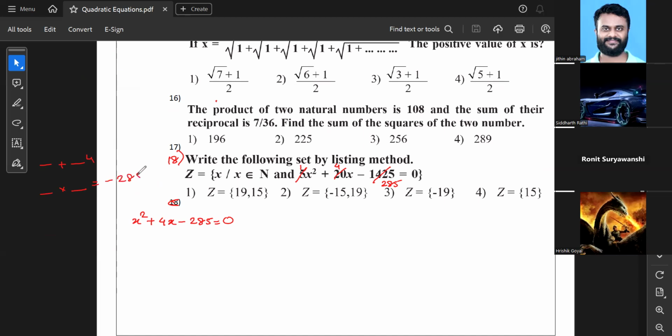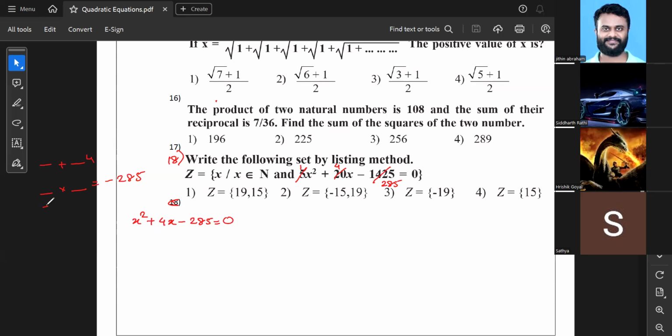Now this negative sign clearly shows that one number should be positive and the other should be negative. Tell me. Sir, minus 15 and 19. Thank you. So I'll take minus 15 and 19. Yes, that actually makes sense. 19 minus 15 gives me 4 as well.